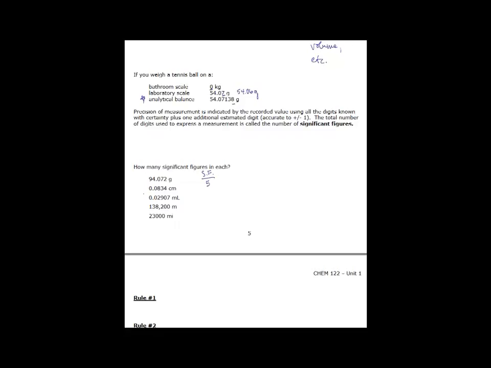This number here, 0.0834 centimeters, at first you might think it has 5 as well, but it only has 3. Then 0.02907 milliliters. Going off of the previous number, maybe these zeros aren't significant.